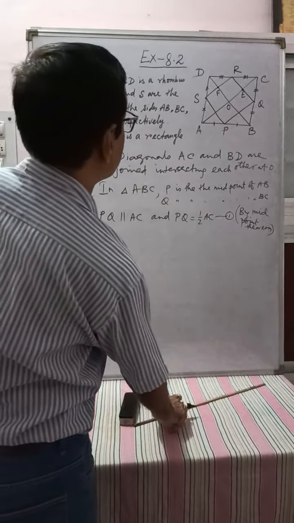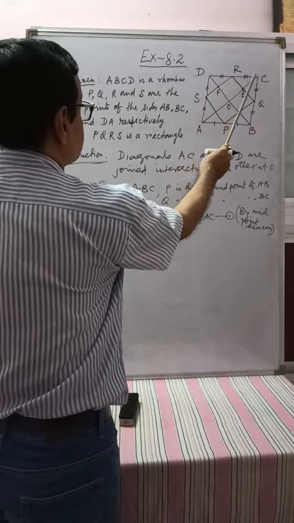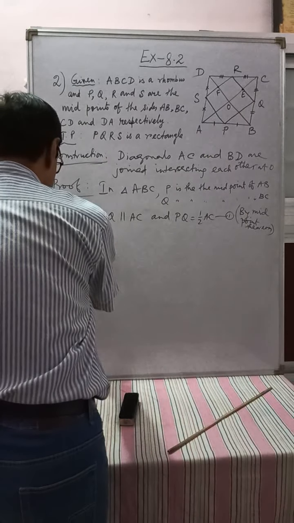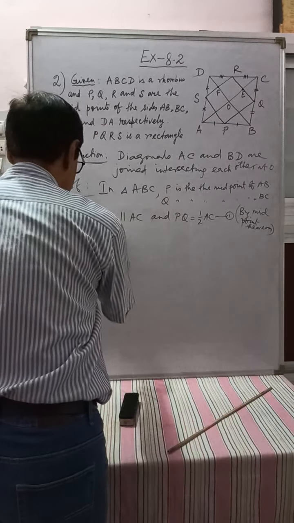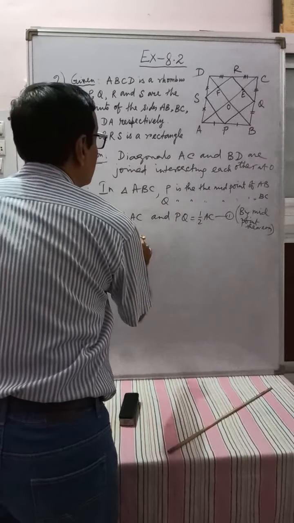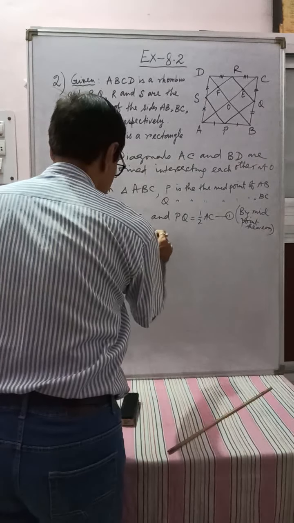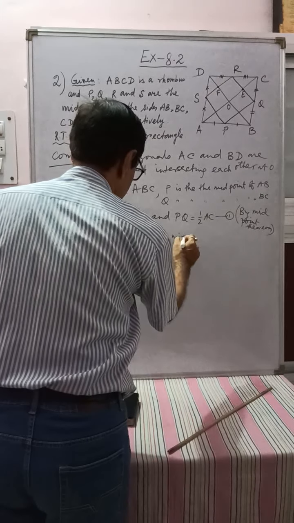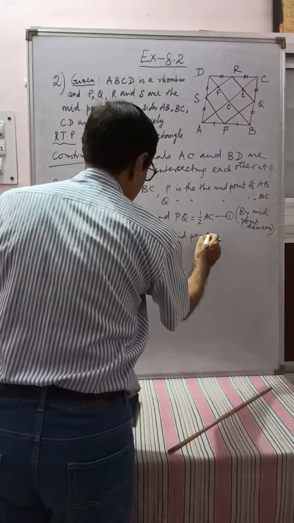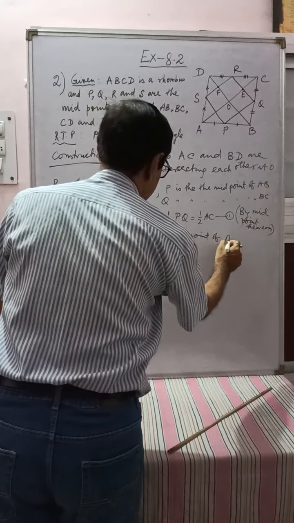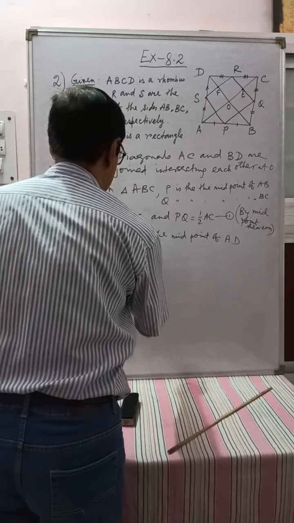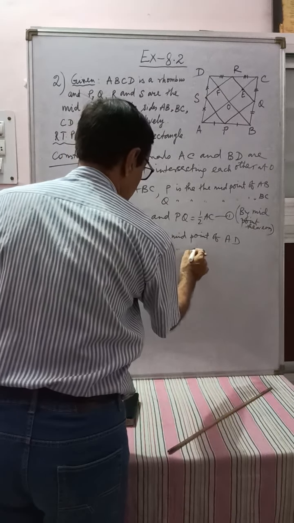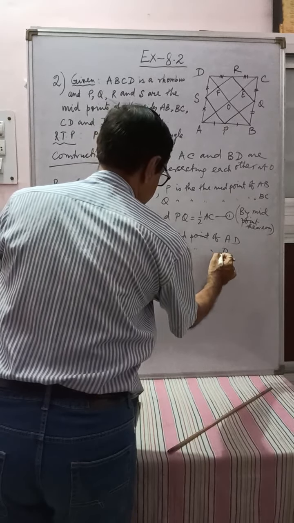Similarly, in triangle ADC, S is the midpoint of AD and R is the midpoint of DC.